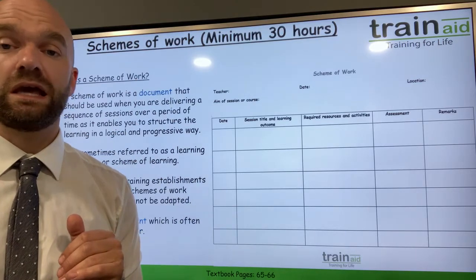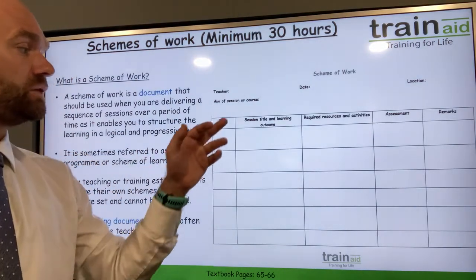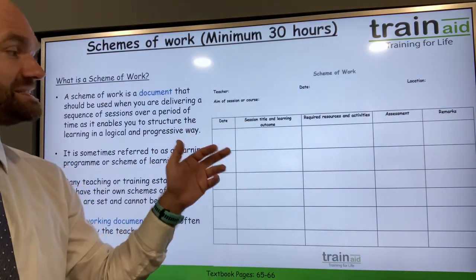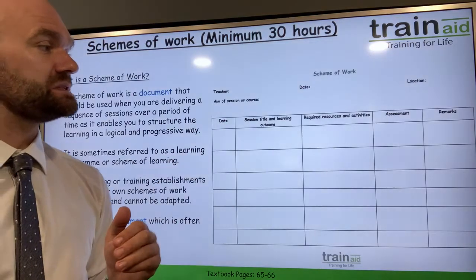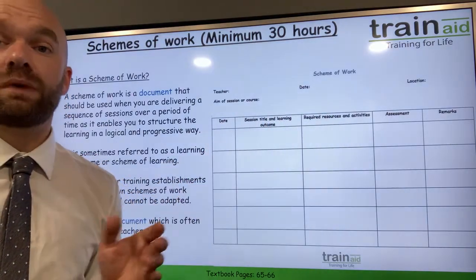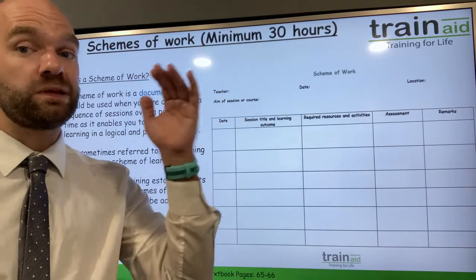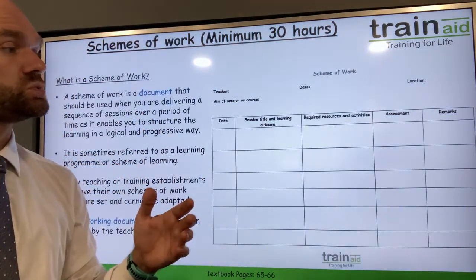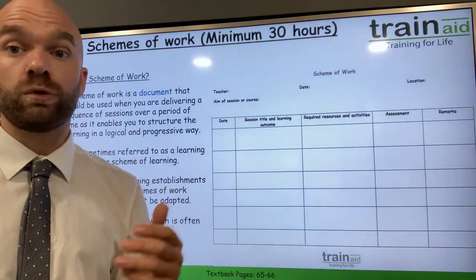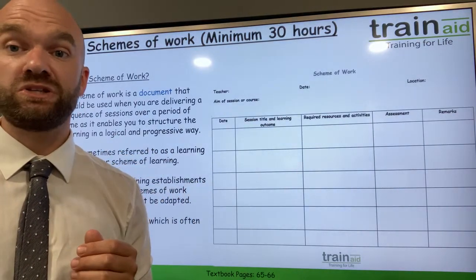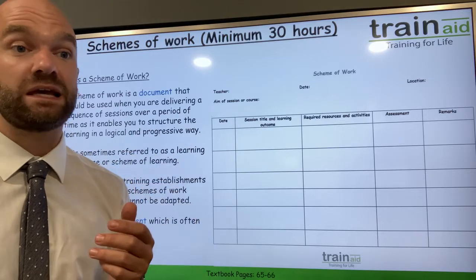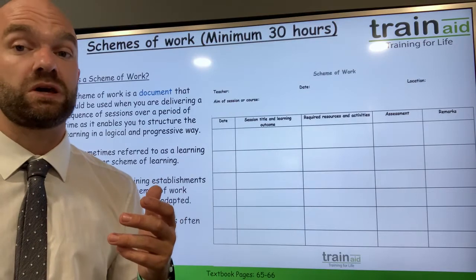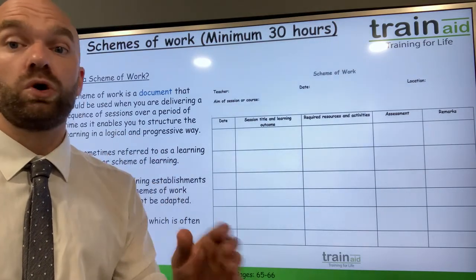And as you can see, you have a variety of different session or lesson titles, and also the key dates, the required resources and activities, any assessment methods that you're going to use, perhaps at the beginning, at the middle and the end of your course, and any remarks as well. So these could be reminders for the teacher, such as any key assessment dates, any perhaps holidays that the students need to take, so it's a working document.